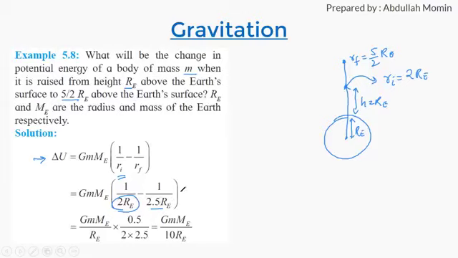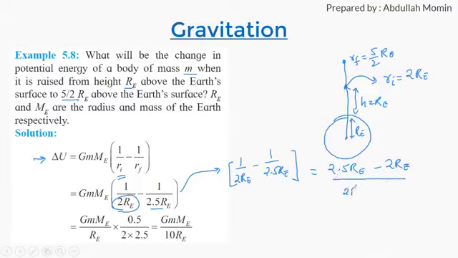Now cross multiplying this bracket, 1 upon 2 Re minus 1 upon 2.5 Re becomes 2.5 Re minus 2 Re divided by 2 Re into 2.5 Re. That is 0.5 Re divided by 5 Re square.